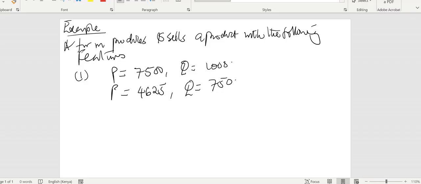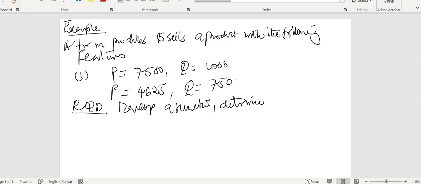Required: develop a function, and determine the supply and demand function.